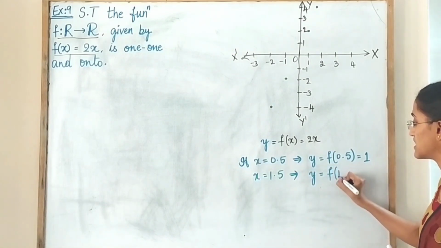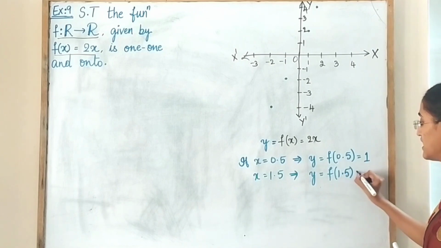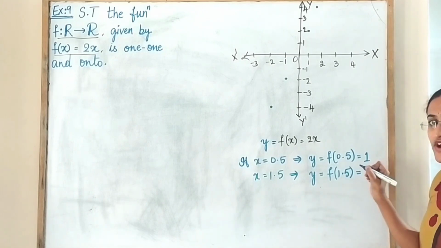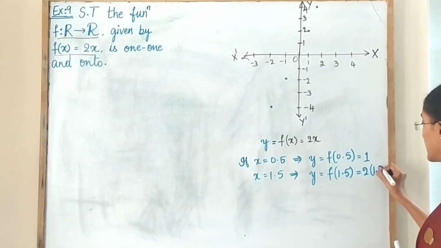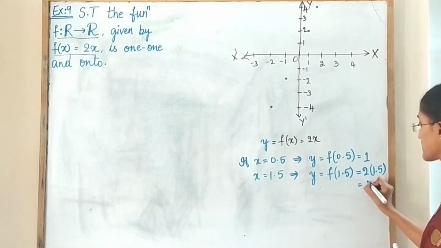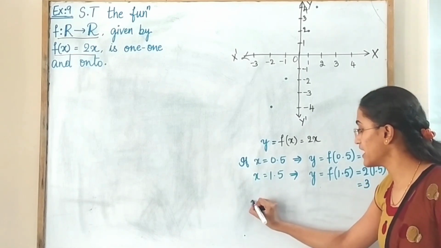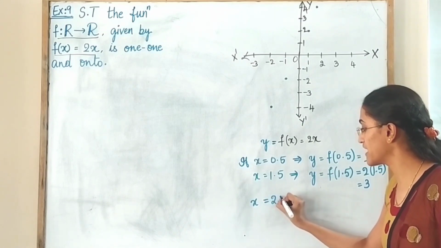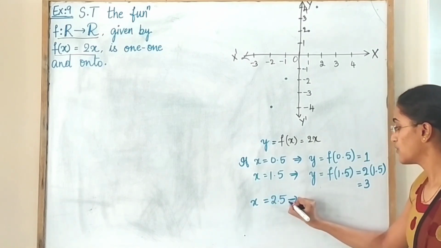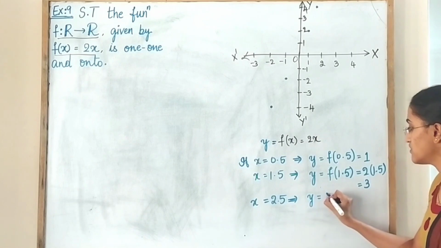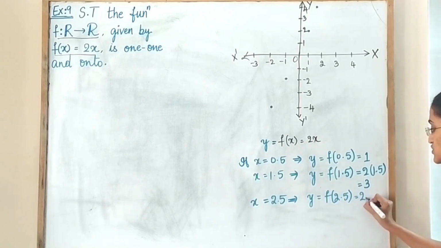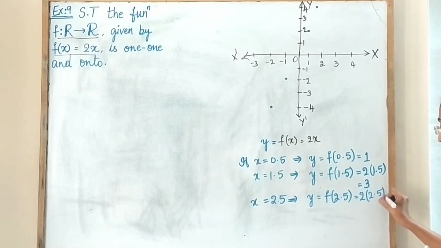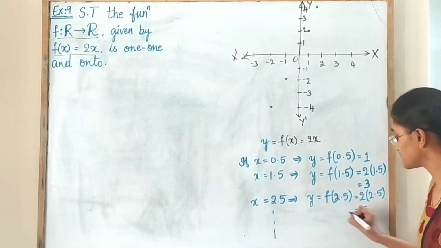Y, which is nothing but f of 1.5, leads us to 2 into 1.5, which gives us 3, right? Now, if x is equal to 2.5, then y will be equal to f of 2.5, which gives us 2 into 2.5, which in turn gives us 5, and it moves on, right?